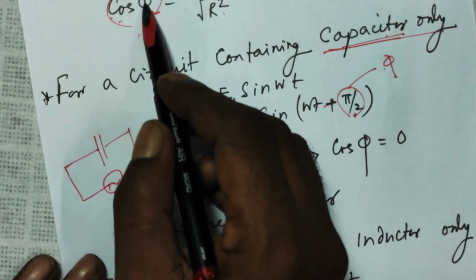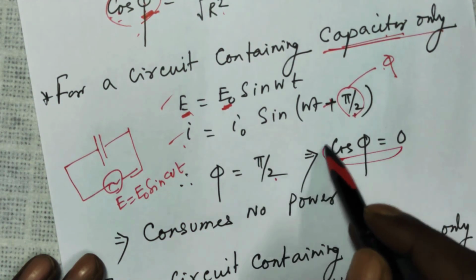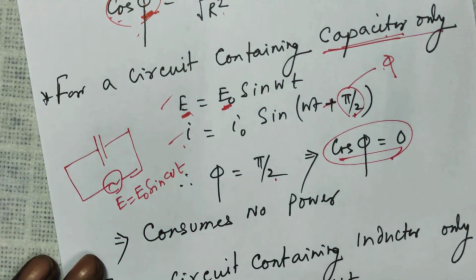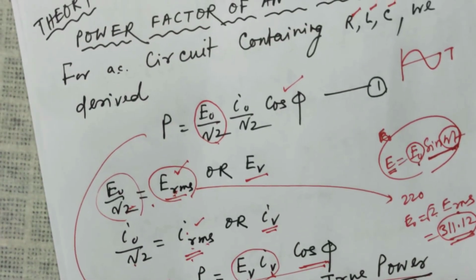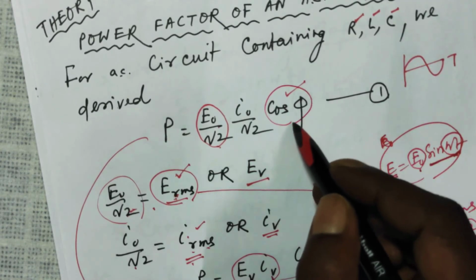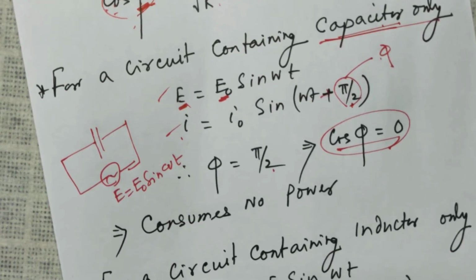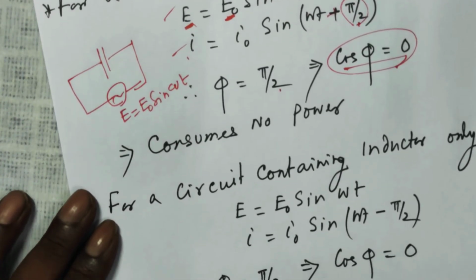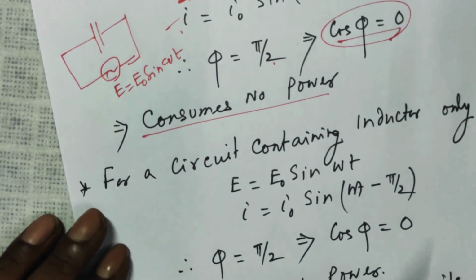So cos pi by 2 is 0. So cos phi is 0. Therefore, if you put here cos phi is 0, 0 into this thing is 0. So no power is consumed. So a capacitor does not consume any power, but an ideal capacitor.